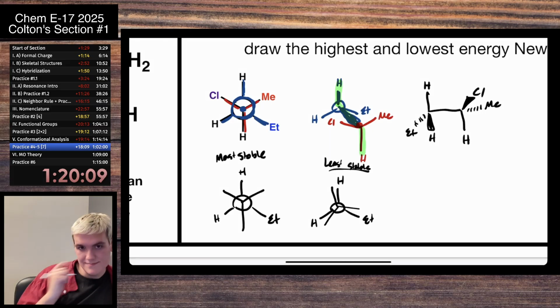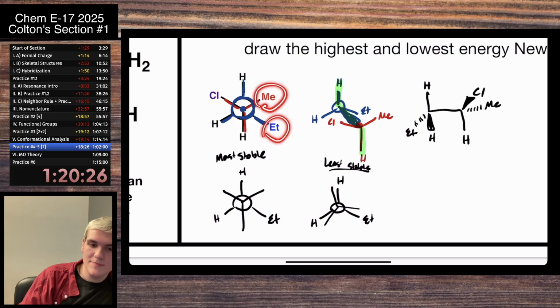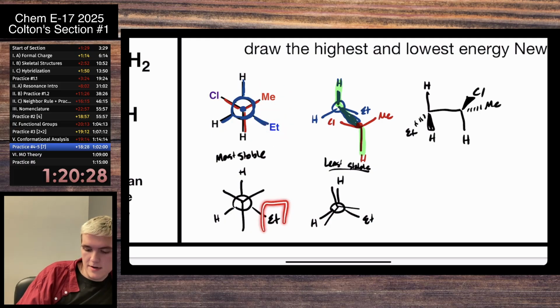There we go. So for our most stable, we want to put our two biggest things opposite each other. So our things that are not hydrogen here are the ethyl, the methyl, and the chlorine. And our two biggest boys are the ethyl and the methyl. So if we are placing our ethyl here, we want our methyl to be exactly opposite it. So we are going to put the methyl over here.